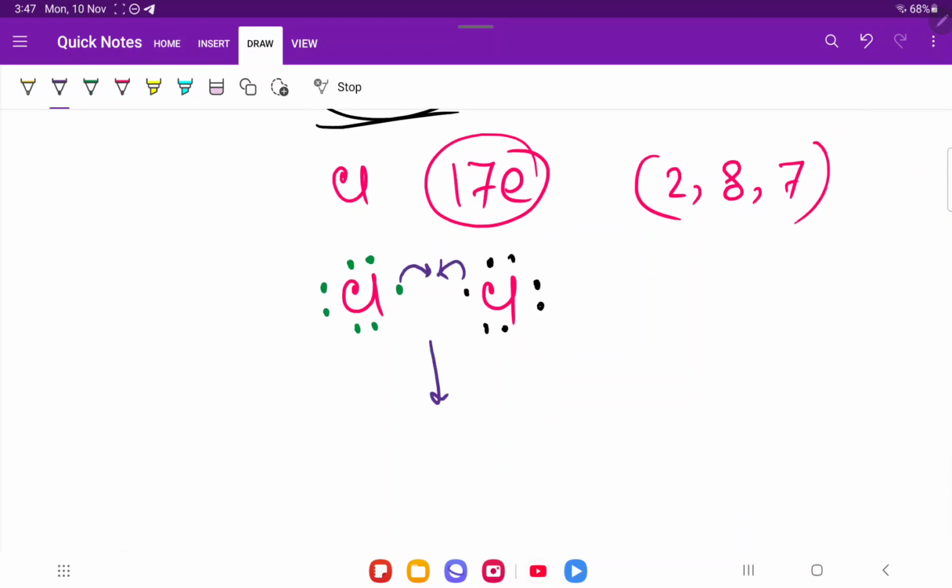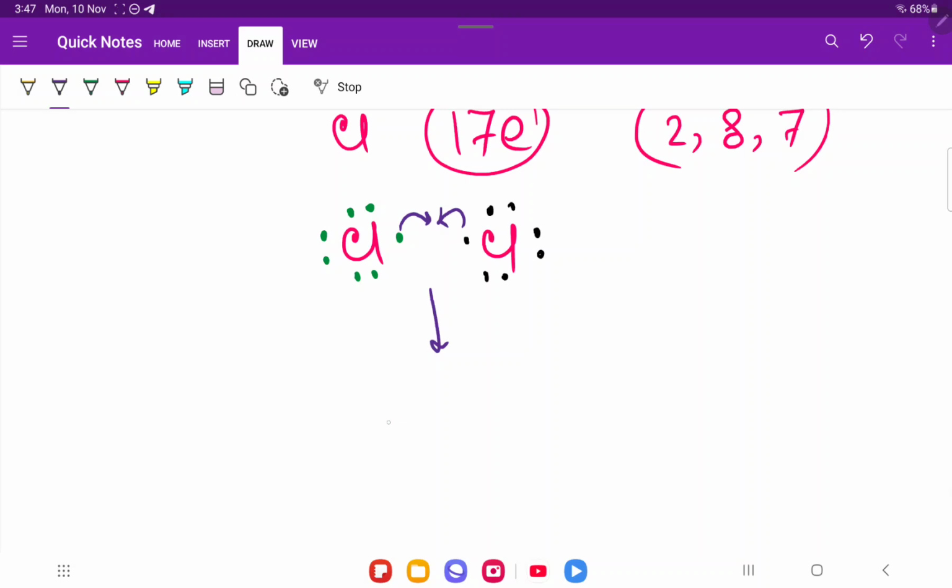This is the chlorine atom, 1 2 3 4 5 6 7, and this is the other chlorine atom, 1 2 3 4 5 6 and 7. Now they will basically share their electron.